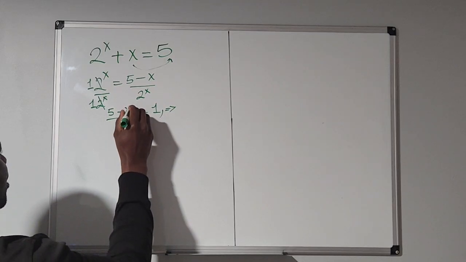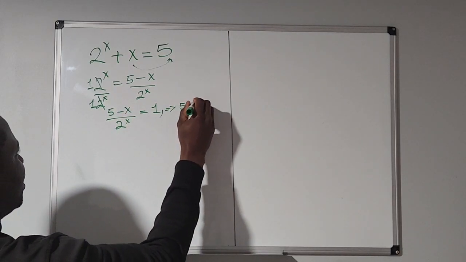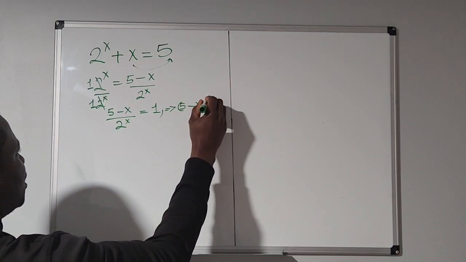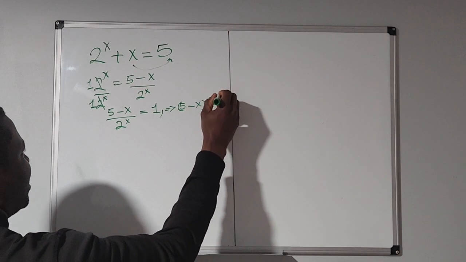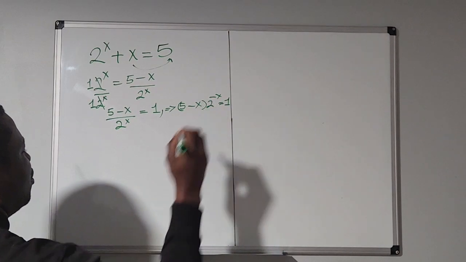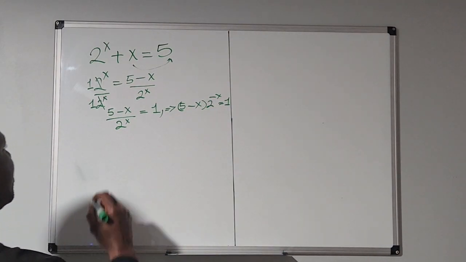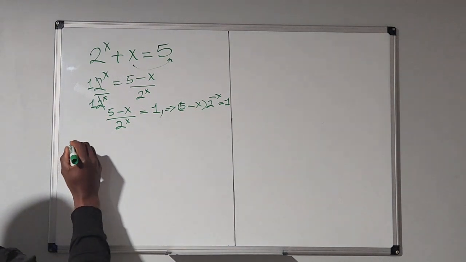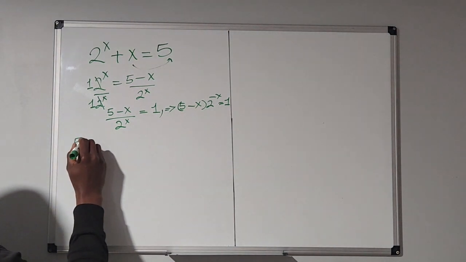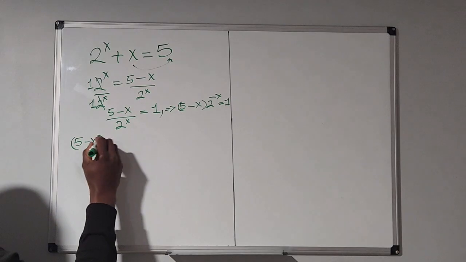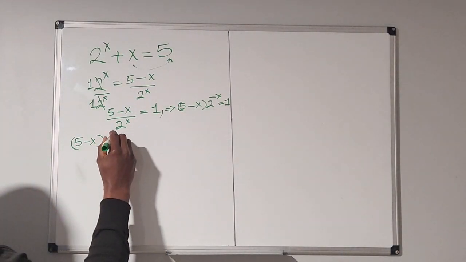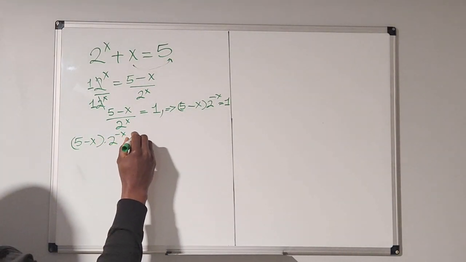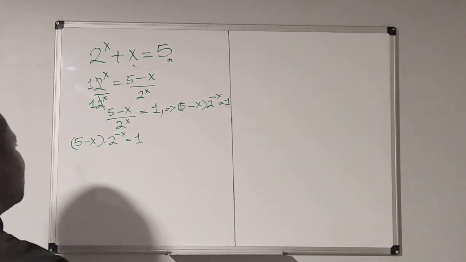If this comes up here, it becomes 2 raised to power minus x equals 1. Right, so now this is what we have here: 5 minus x, 2 raised to power minus x equals 1.